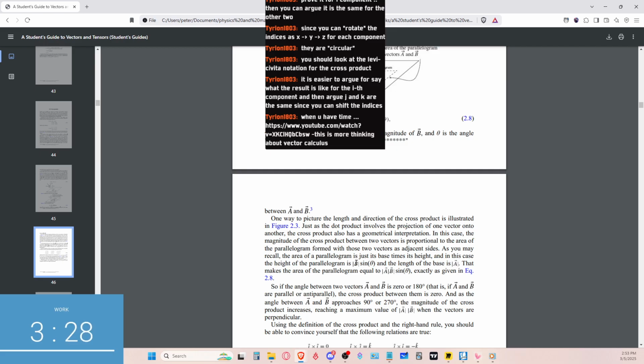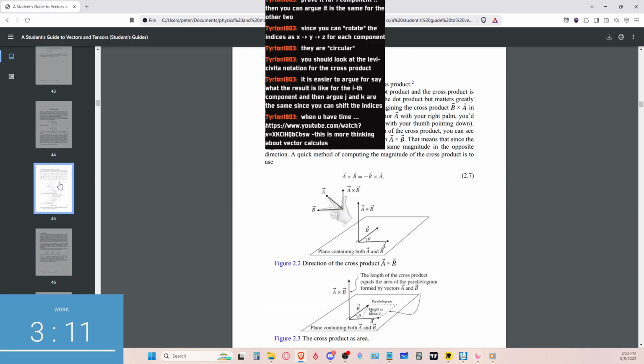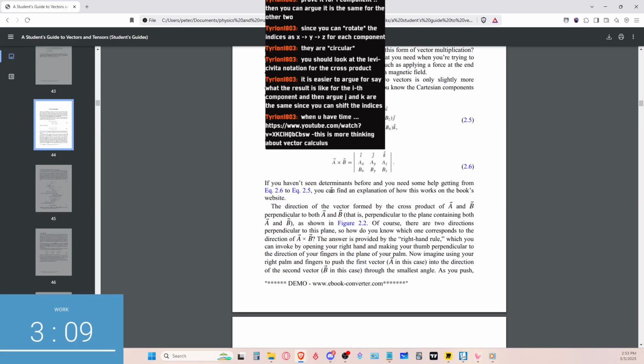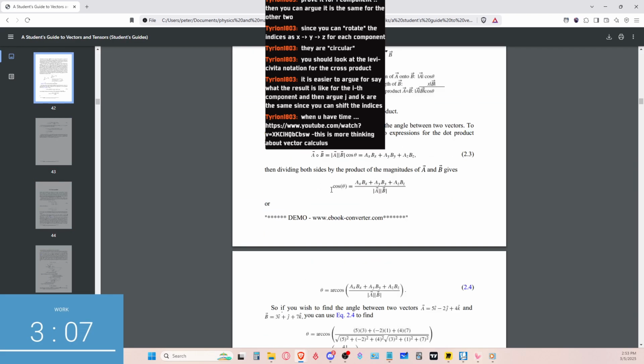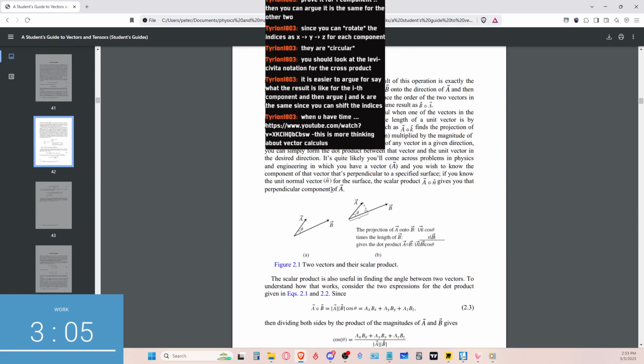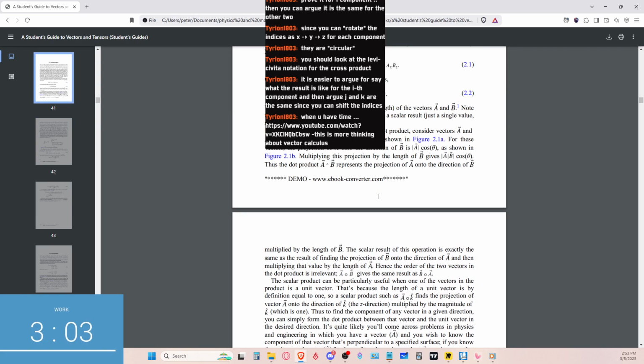This is supposed to be the height of the parallelogram, which is B. Now I see what they're talking about. Interesting. So what was the dot product again? What did they say it was geometrically? The projection, right? Yeah, it's supposed to be the projection.